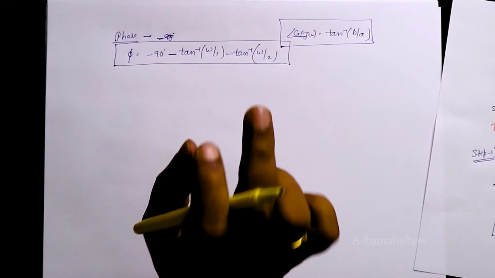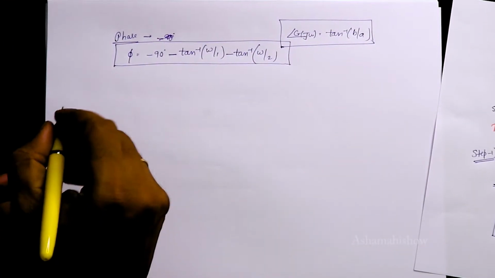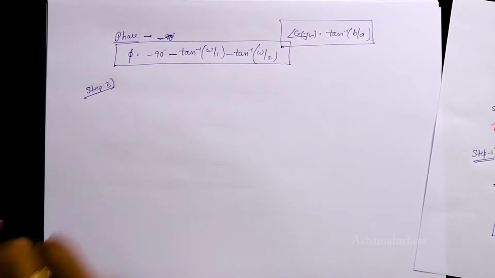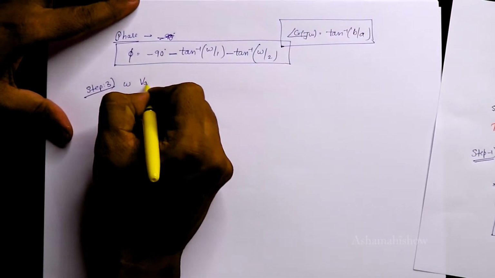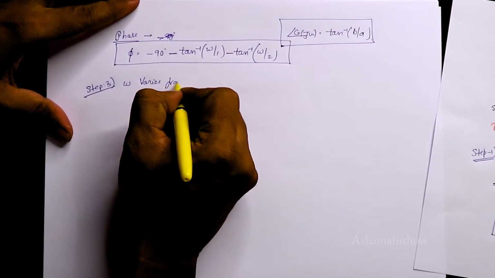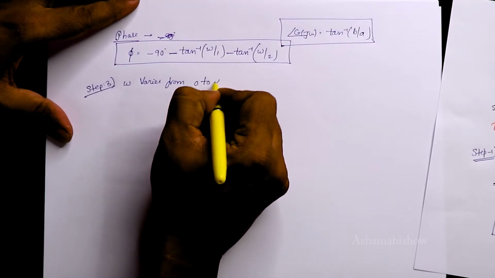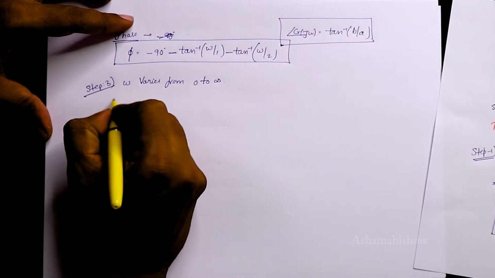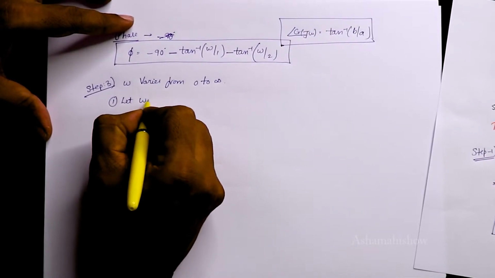Now step number 3, a very important step. As the polar plot says, omega will vary from 0 to infinity. Your angular frequency varies from 0 to infinity. So we'll take two values. We'll take the first value, let omega equal to 0.